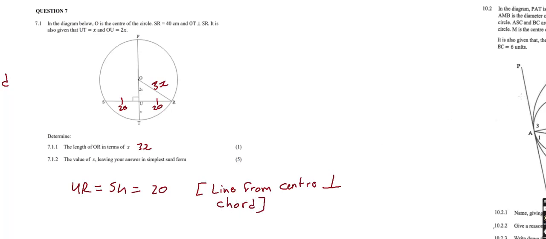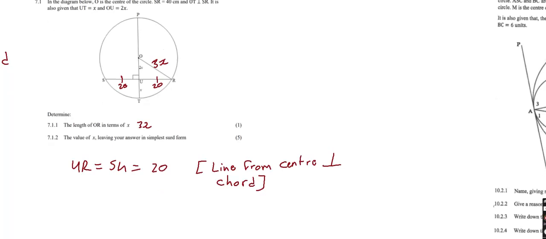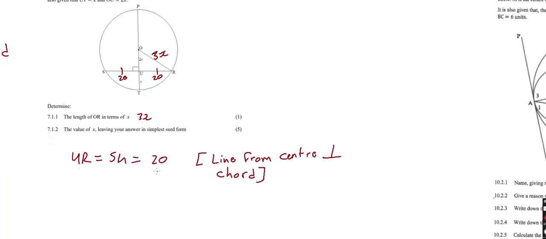Right? Now that we know that UR is 20 centimeters and we know that OU is 2X, we know that OR is 3X, we can now use Pythagoras theorem. OR squared is equal to OU squared plus UR squared. This is Pythagoras.